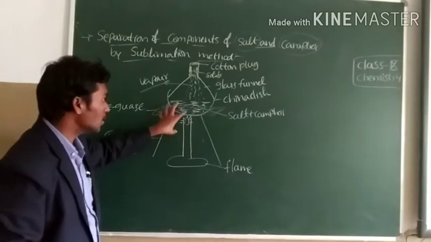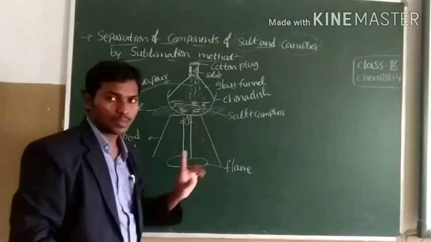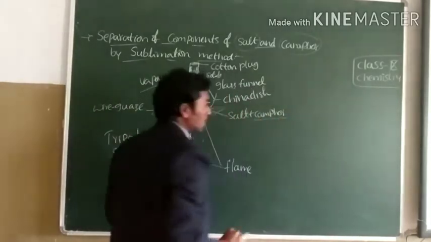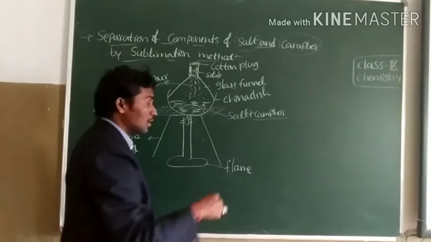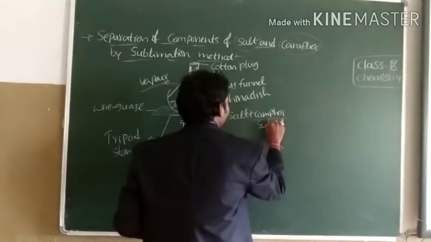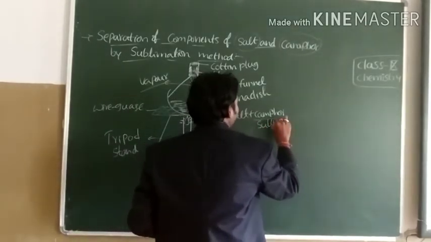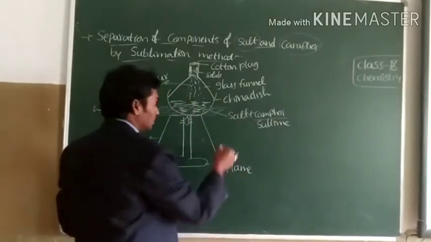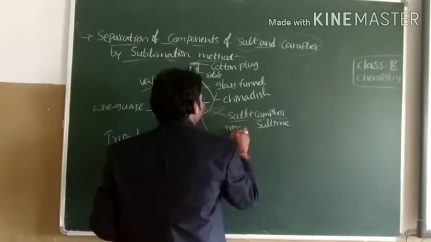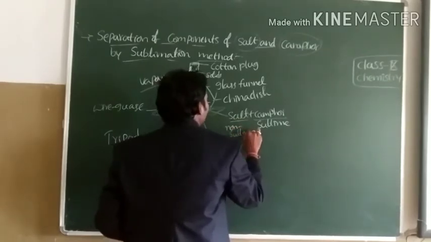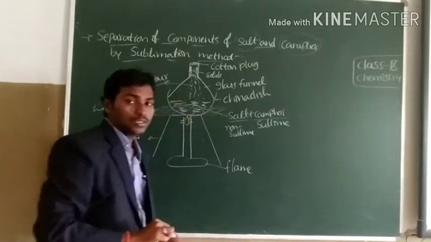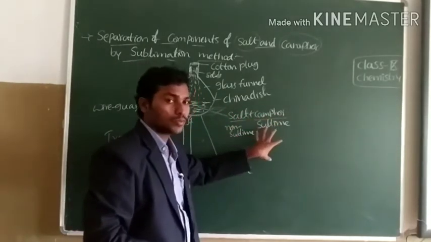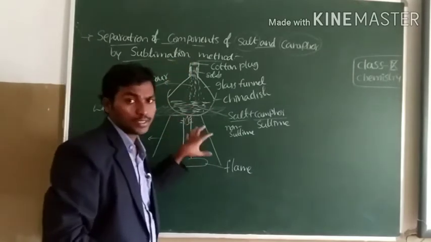That means here one of the components of the mixture is sublime. That is camphor. Camphor is a sublime or sublimating agent. Here salt is non-sublime, not a sublimating agent. On heating, the camphor changes directly from solid state to gaseous state.